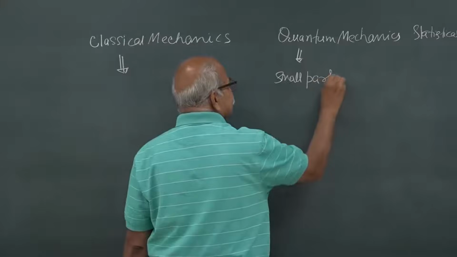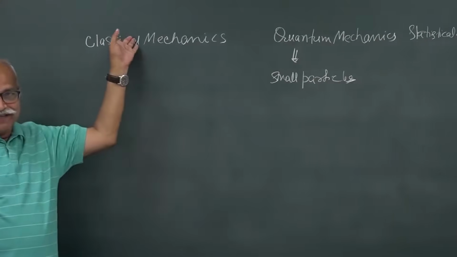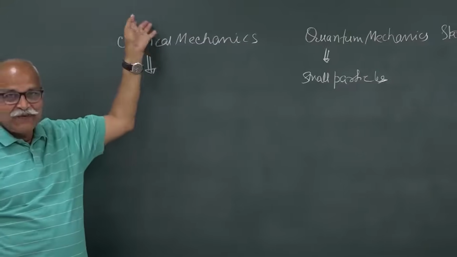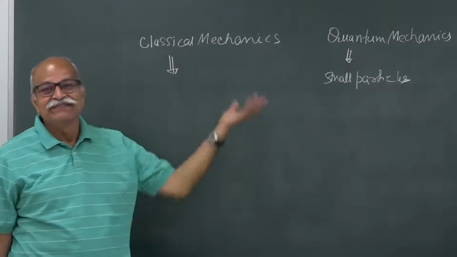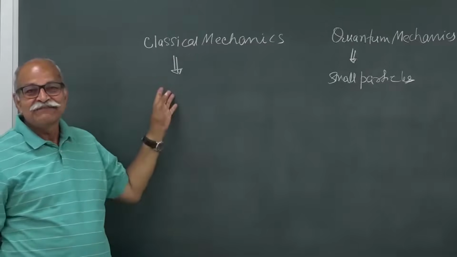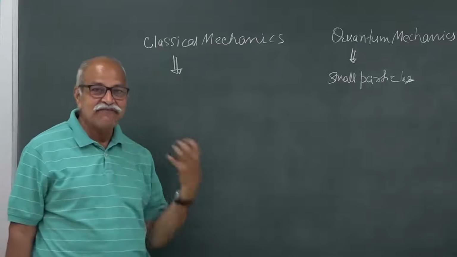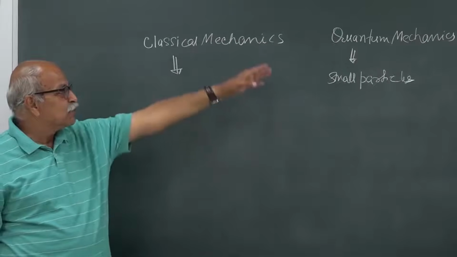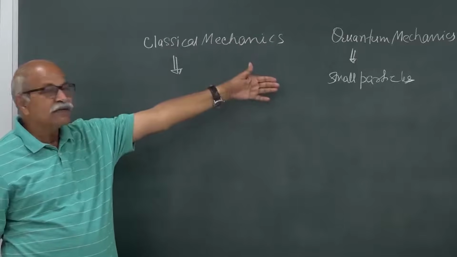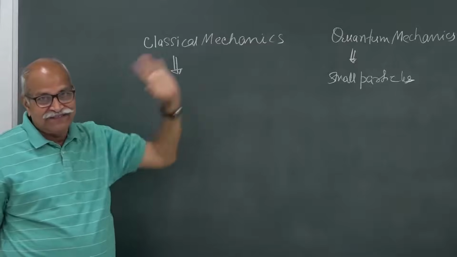Not that we will not be talking of small particles here. Many times we will take examples where an electron is going and a proton is there and so on. But if you want to understand the dynamics, the behavior of particles, then you have to go to quantum mechanics if the particles are very small, meaning in the nanometer or angstrom regions.